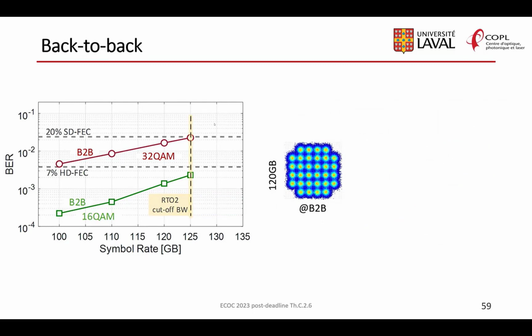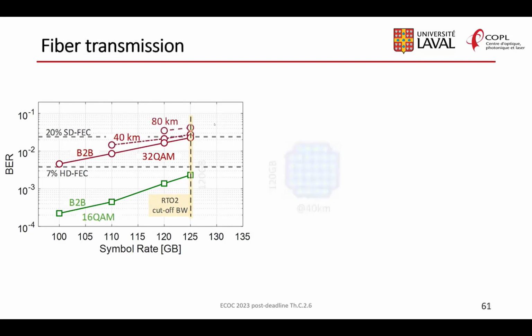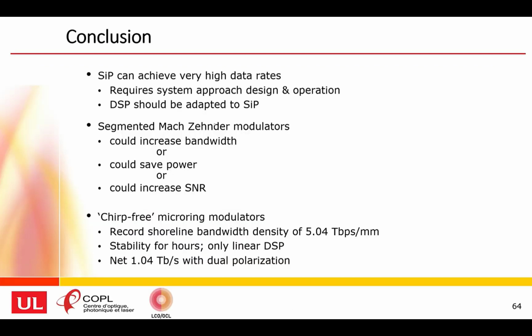Here's a typical back-to-back constellation diagram, and we also were able to go to 40 kilometers. If I put these together, 80 kilometers pushed us just above the FEC threshold. But if we were targeting 1 terabit per second, we could do that with 32 QAM at the 20% FEC threshold and a couple of different baud rates. We're able to achieve that.